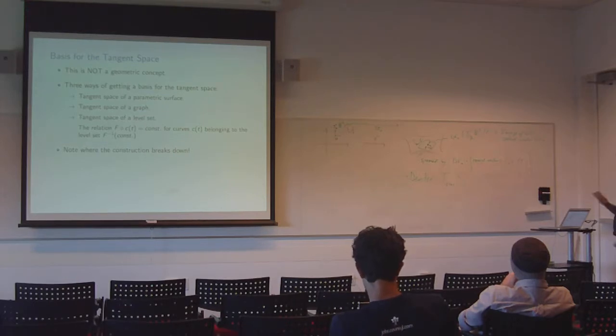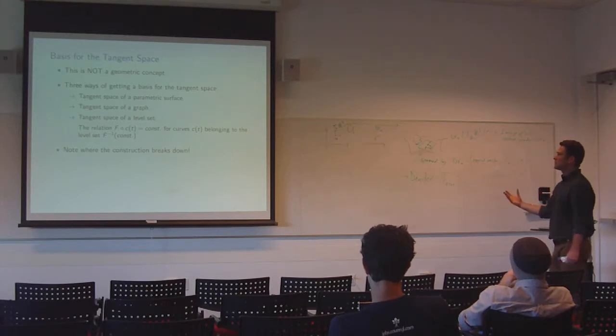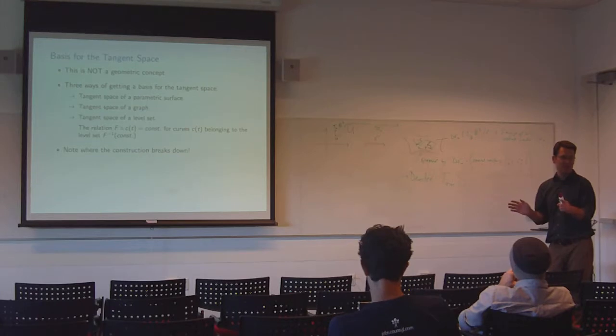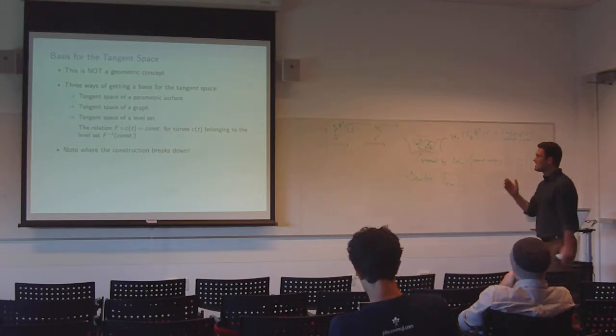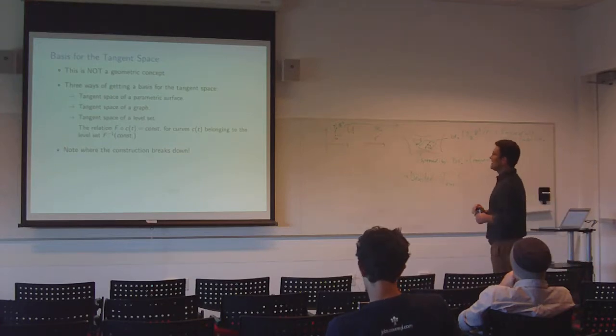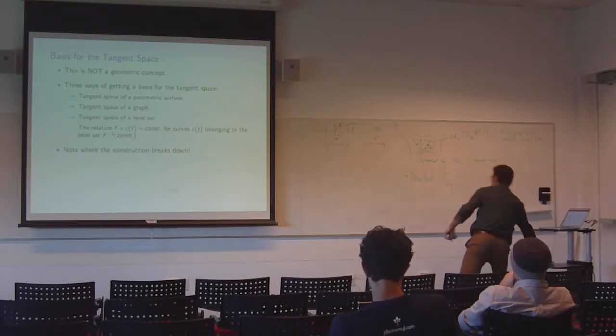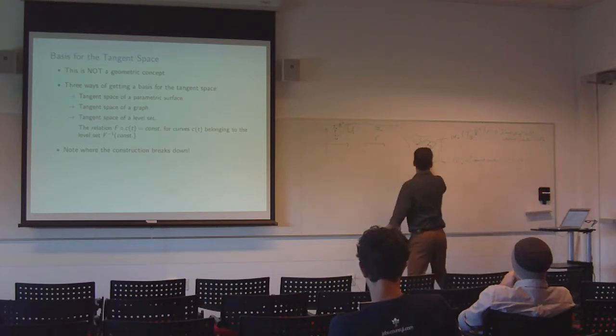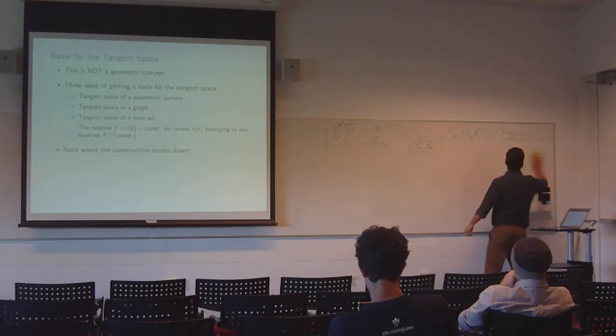But a basis for a tangent space isn't exactly well defined. It's well defined given the parameterization, but because you can choose different parameterizations, you get different bases for the tangent space. So whenever you choose a basis of the tangent space, you're always making an arbitrary choice. You always have to keep that in mind. Okay, so let me tell you what your options are.